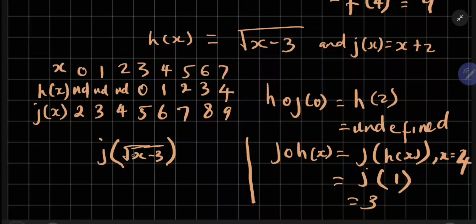So when you put 4 here, you have root 4 minus 1, that's 1. So it means j of 1, which is 3.